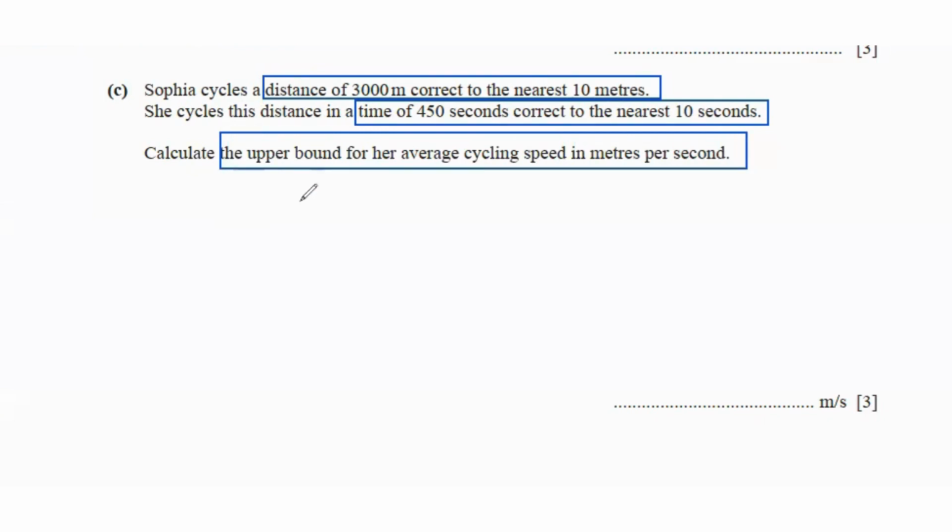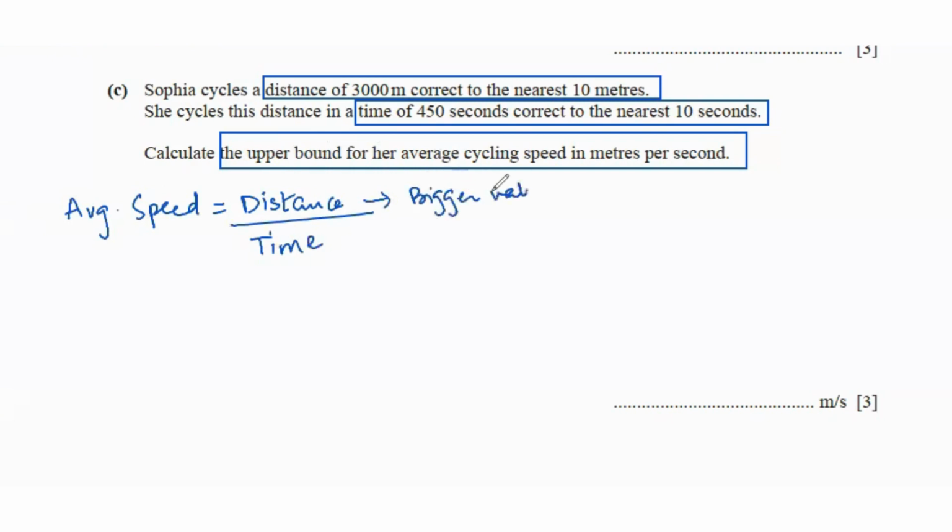Since we're trying to find the upper bound of her average speed, it has the formula of distance over time. As the question says upper bound, that means distance has to be the bigger value and time will be the smaller value, which means for distance we find the upper bound and for time we find the lower bound.